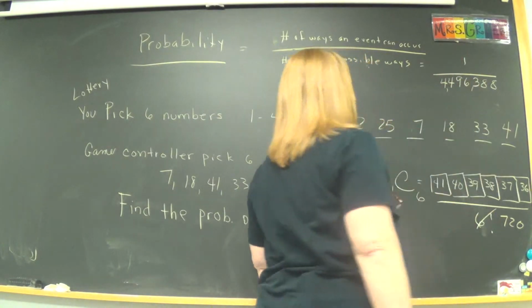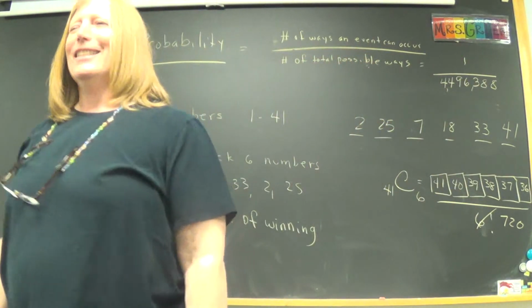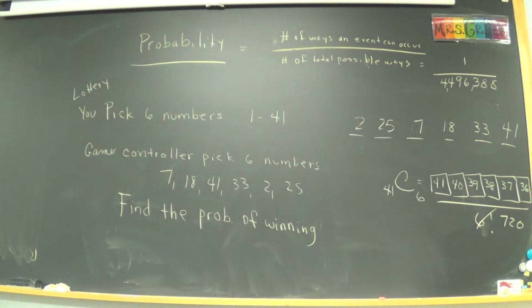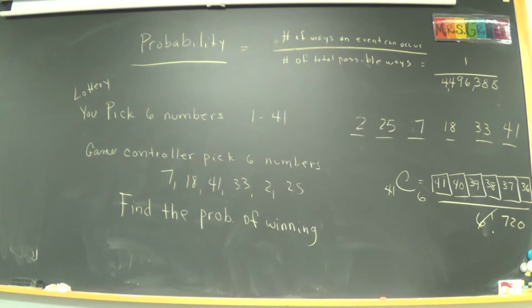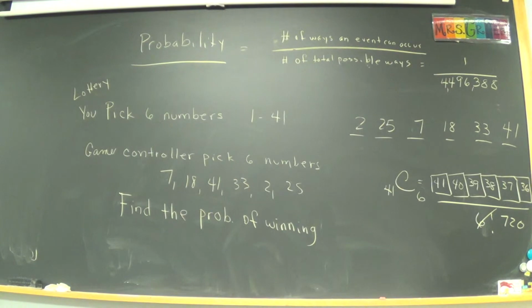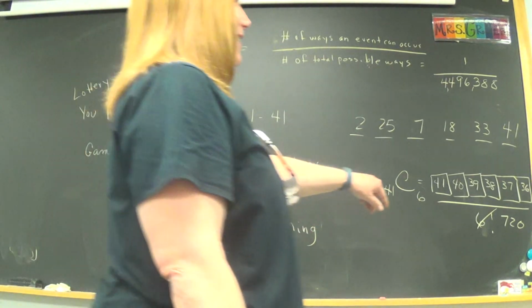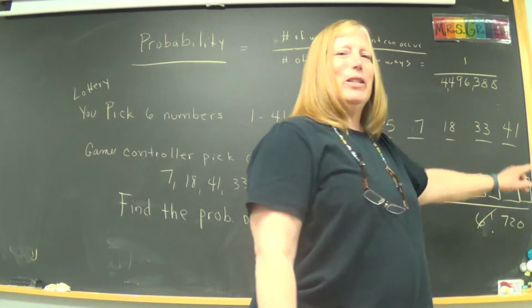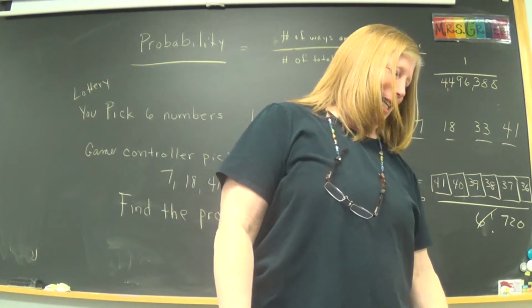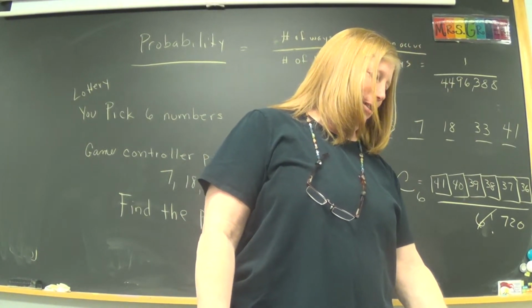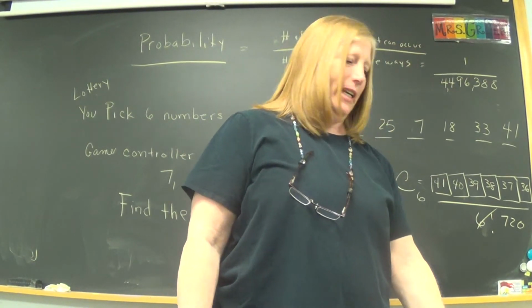So the answer was 1 over that. That's a really bad probability. Yeah, 1 over 4 million, and that's only numbers 1 to 41. So if the state wants to be careful, they can create an even larger probability in their favor.